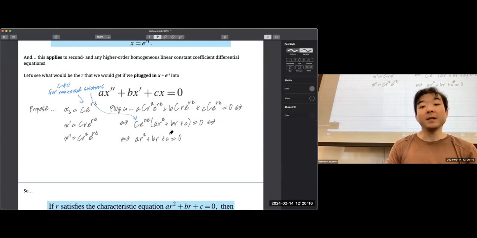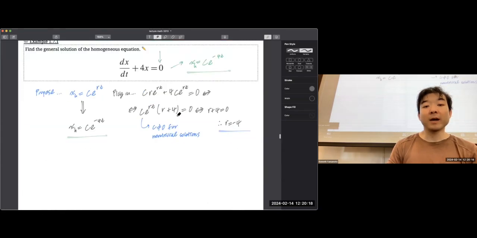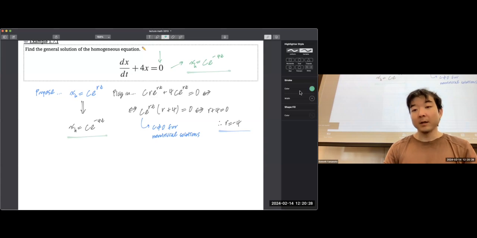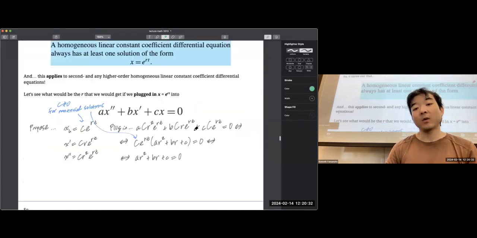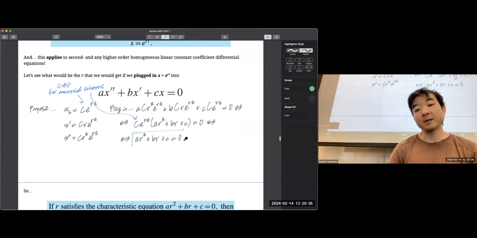And unlike the previous one where we had a first order equation, that would just say that your r plus 4 had to equal 0, your second order case has a quadratic equation that has to be satisfied.